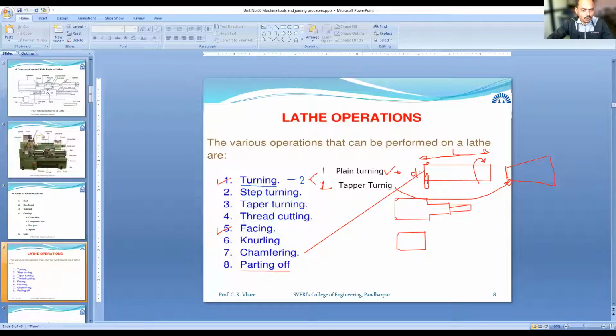video of these operations. I will search here first. wait for few minutes. Before that, I will erase this, otherwise it will observe on video also.